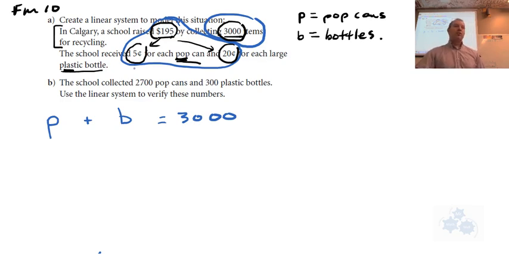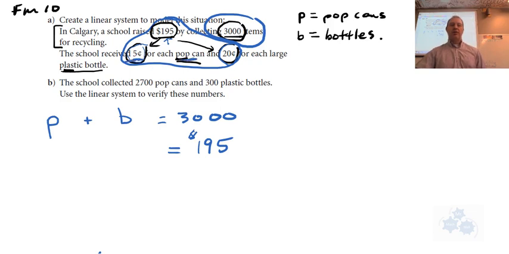Second one. Now the second one deals with the money. The kids got $195 for the pop cans and bottles, and this was the price attached to each of them. So when we're dealing with money, 195 is the total number of dollars. I'll put the little units there so we remember. And that comes from 5 cents for each pop can.